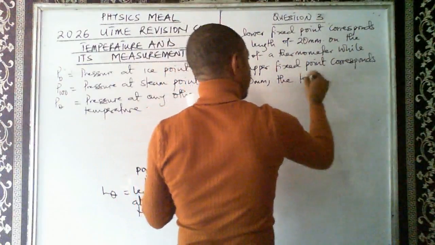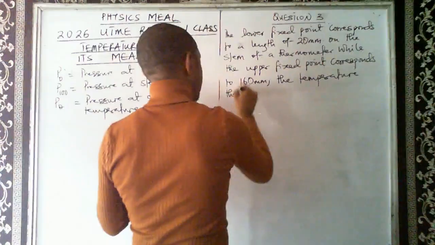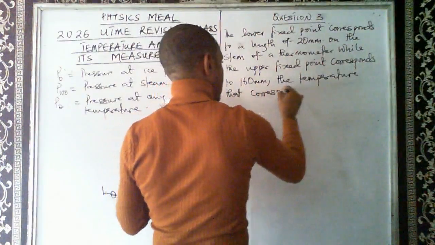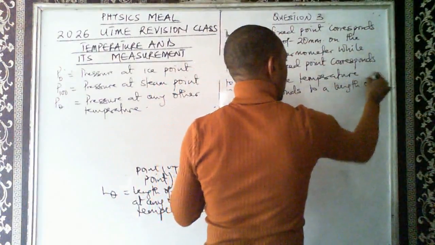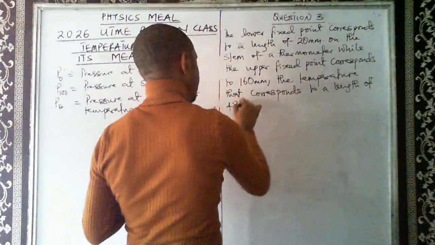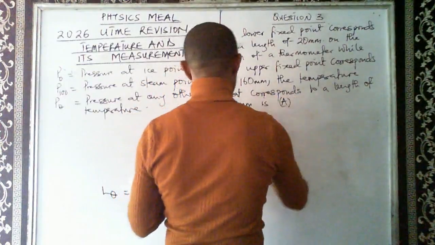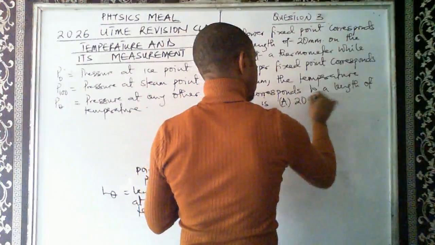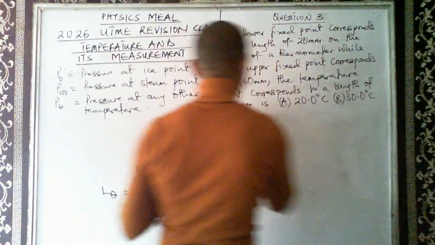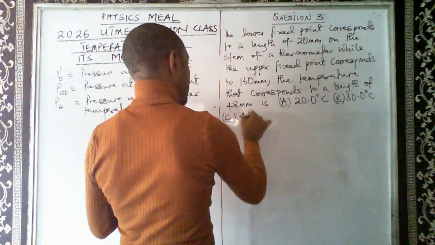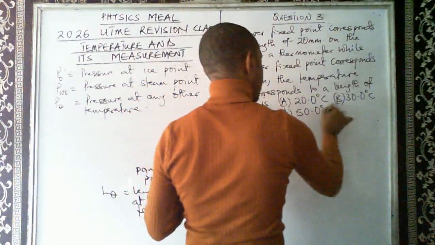The temperature that corresponds to a length of 48 millimeter is, they gave us option A, 20.0 degrees Celsius, B 30.0 degrees Celsius, C 41.7 degrees Celsius, and D 50.0 degrees Celsius.